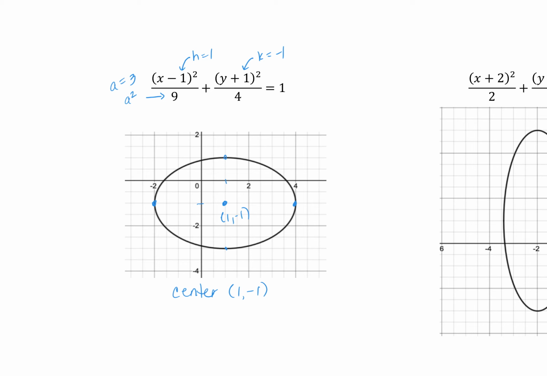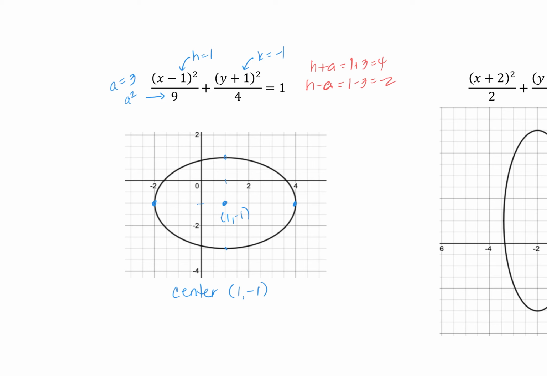So remember what we're doing here. We're changing our x value. We're adding and subtracting our a value from our h value. So if we take h plus a and h minus a, that will give us our vertices. h is 1, a is 3, so h plus a would be 4, and h minus a would be -2.